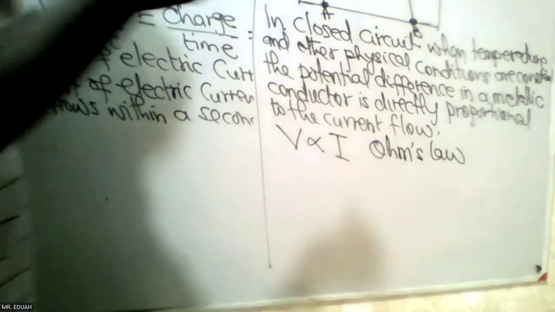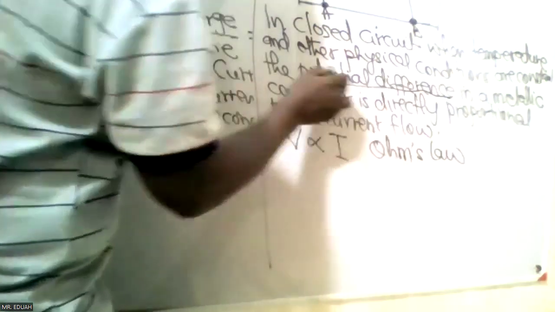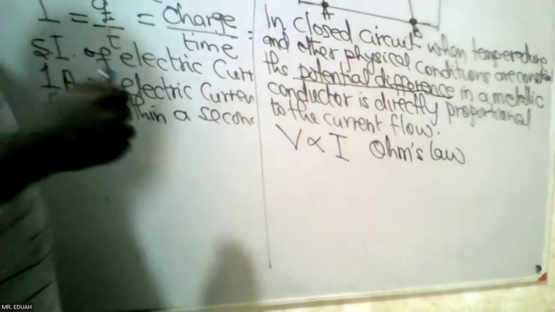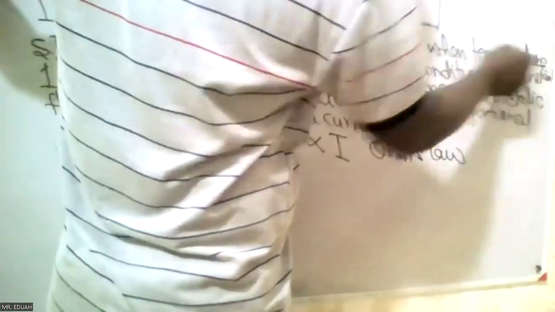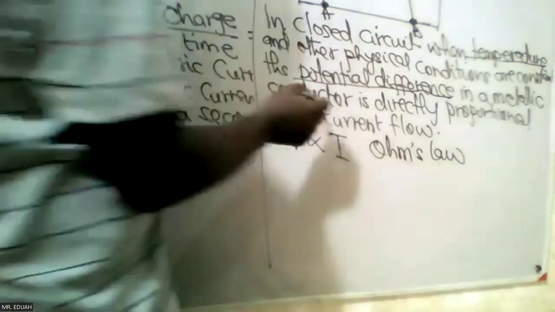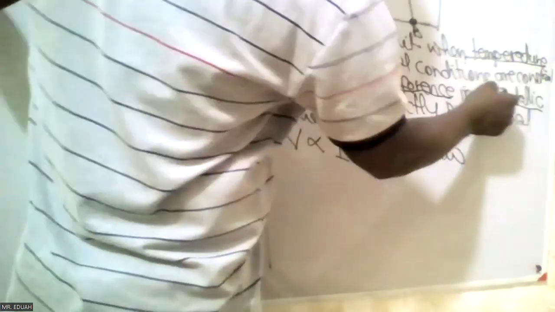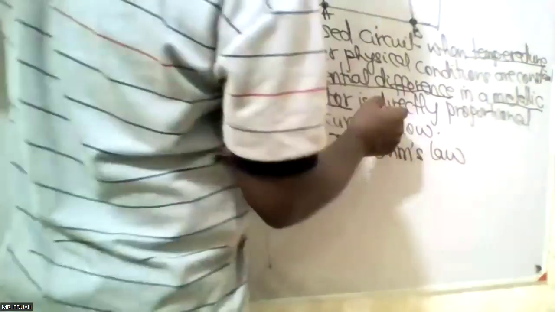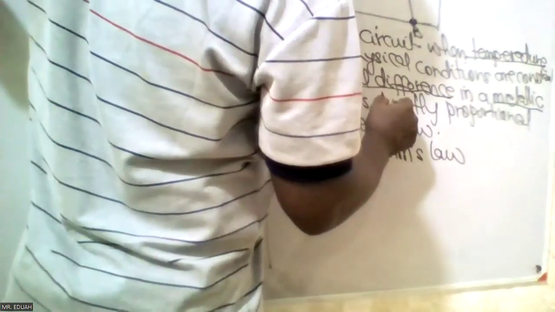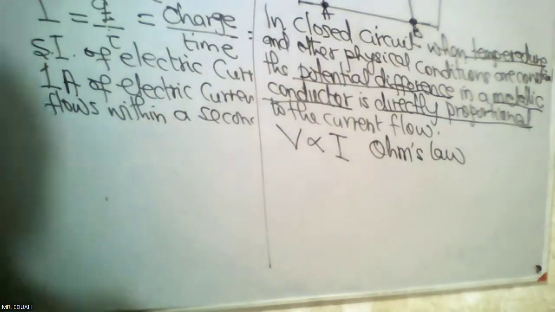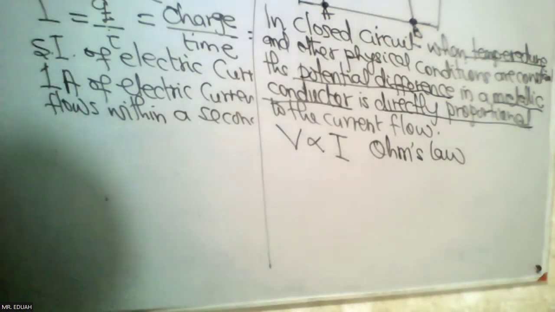My big question is that, what is a potential difference? I've talked about it, but I'll ask again. Why must temperature be constant? Why metallic conductor? And what do we mean by direct proportionality? So these are the questions I have for you.